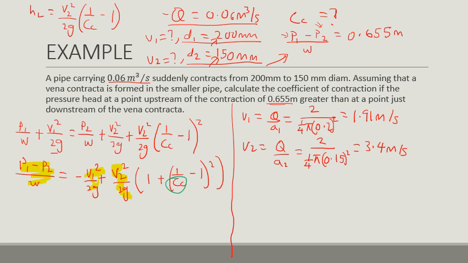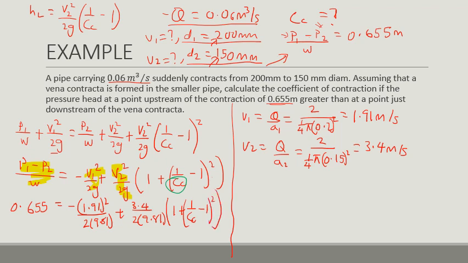So 0.655 is equal to minus V1 square, that's 1.91 square over 2 times 9.81, plus V2, which is 3.4 square over 2 times 9.81, then into bracket 1 plus 1 over Cc minus 1, all square.